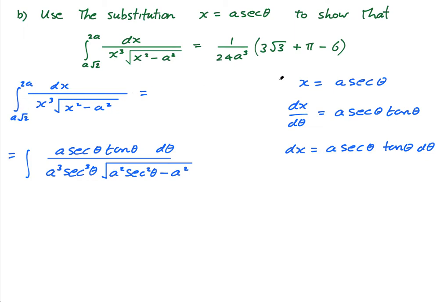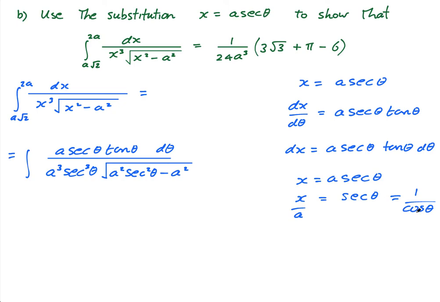Now, I have what x is in terms of theta, but let's find what theta is in terms of x. So x equals a sec theta, which means sec theta is equal to x over a. Now sec theta, remember, is 1 over cos theta. That's what sec theta is.